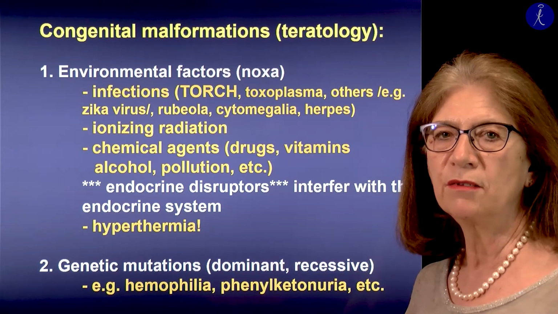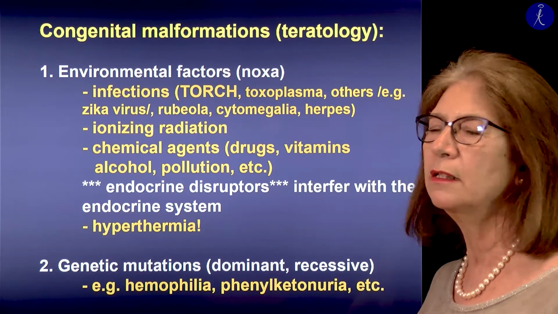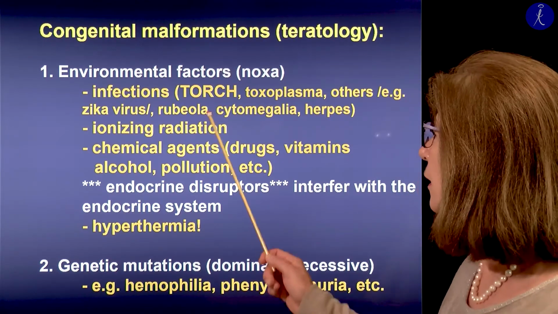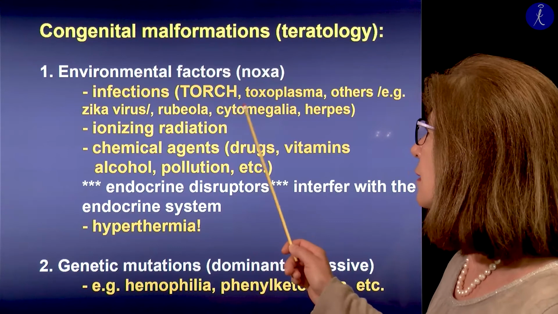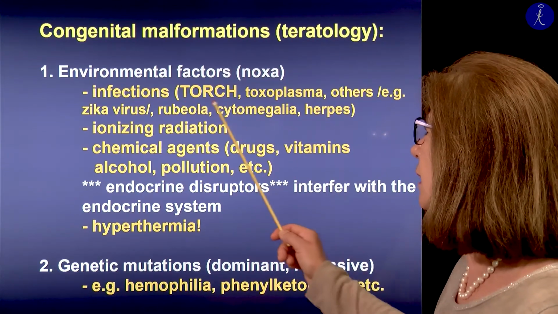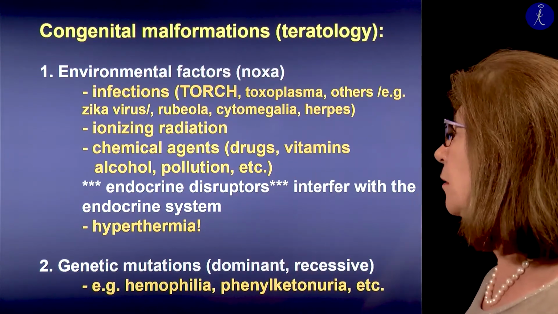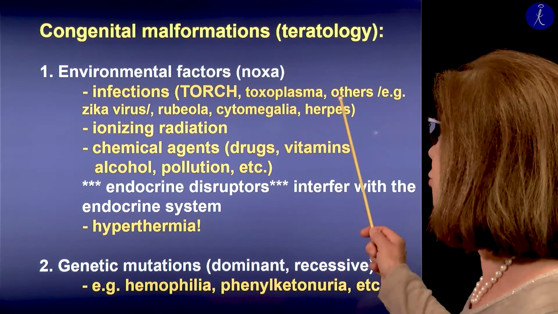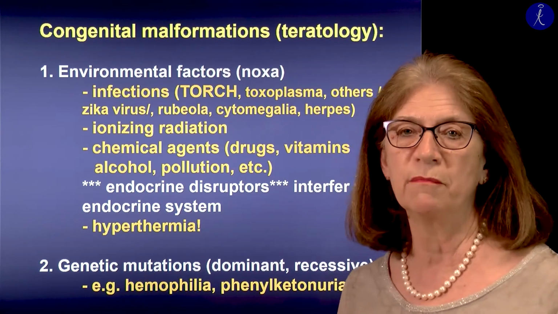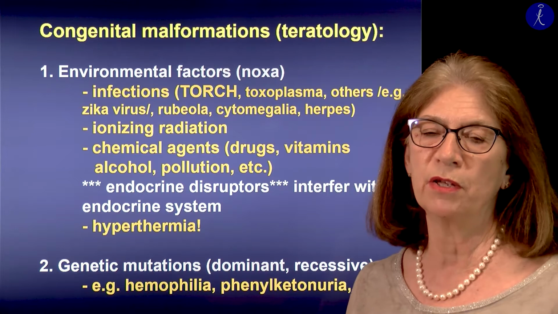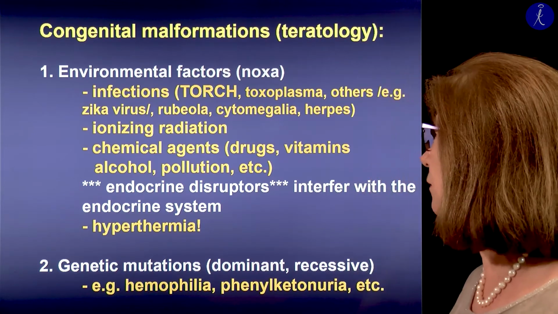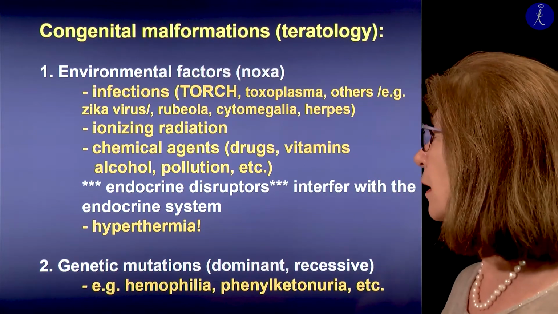You know that in South America it's quite common now, and it causes microcephaly. Then rubella, cytomegalovirus, and herpes. So these are the most frequent problems, and the Others shows that many other viruses may occasionally also do some harm to the developing baby.